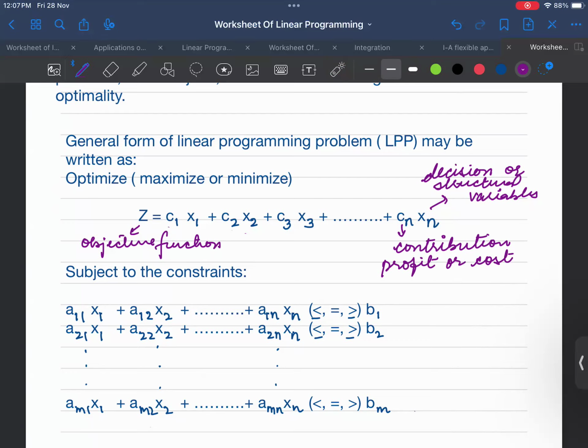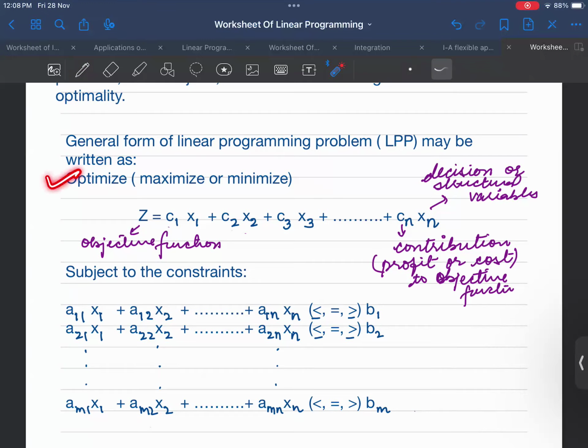Profit or cost contribution to the objective function. How much contribution to the objective function? That is Cn of that particular variable. I think that is clear.